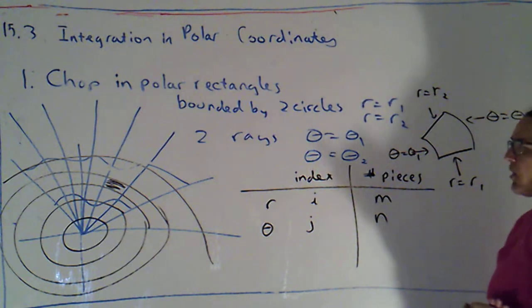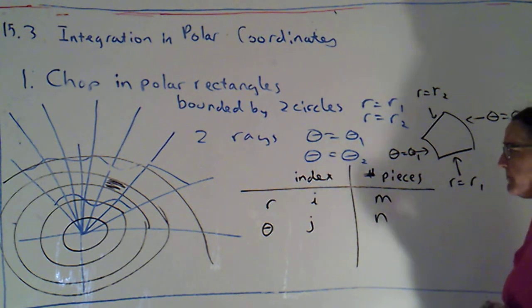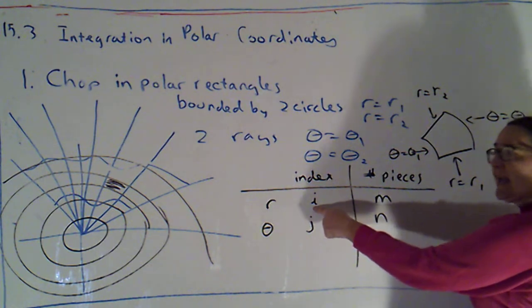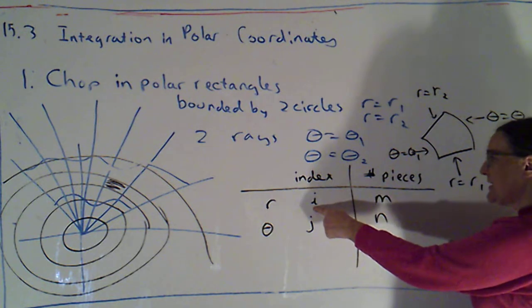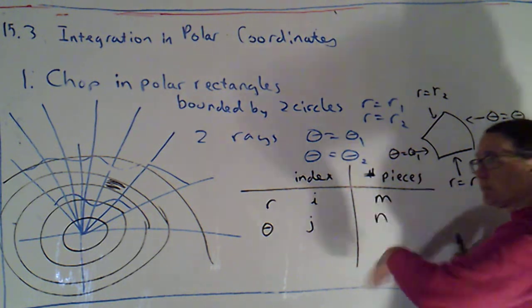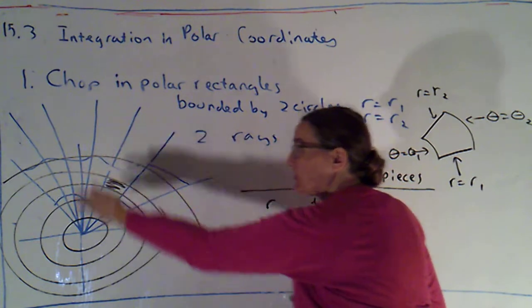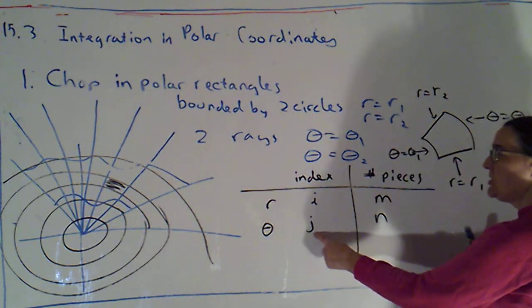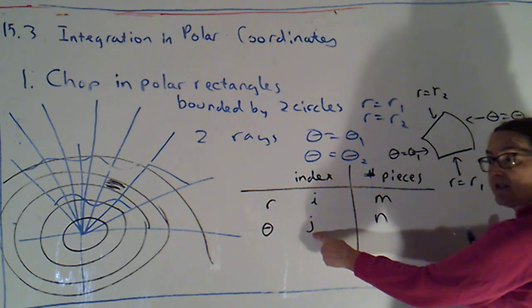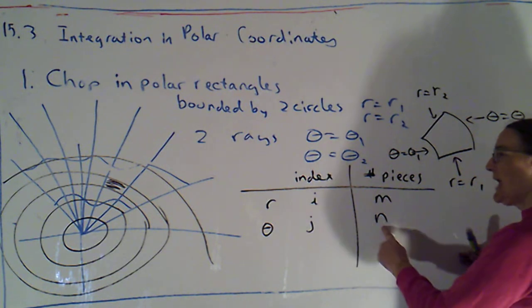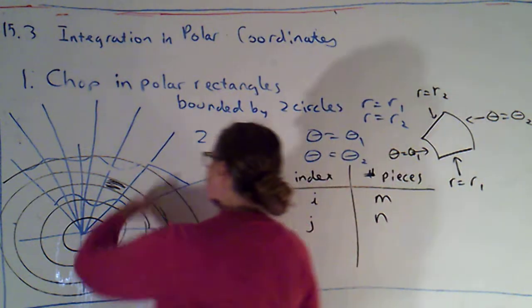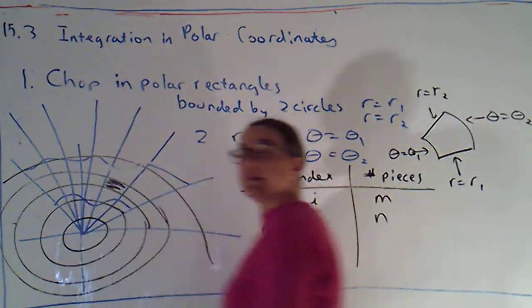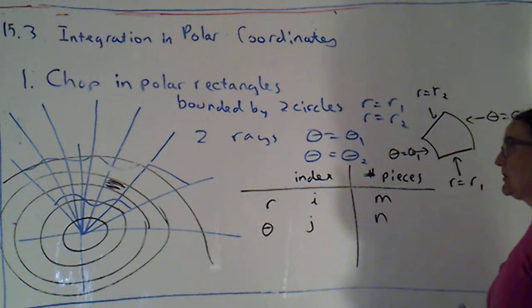This is just to help us in setting up our Riemann sum. Okay, so basically i is a variable. It counts from 1 to m, where m is the number of circles that I've drawn in creating these polar rectangles, and j is an index, a variable taking on positive integer values that goes from 1 to n, where n is the number of rays I've used in chopping this up into polar rectangles.